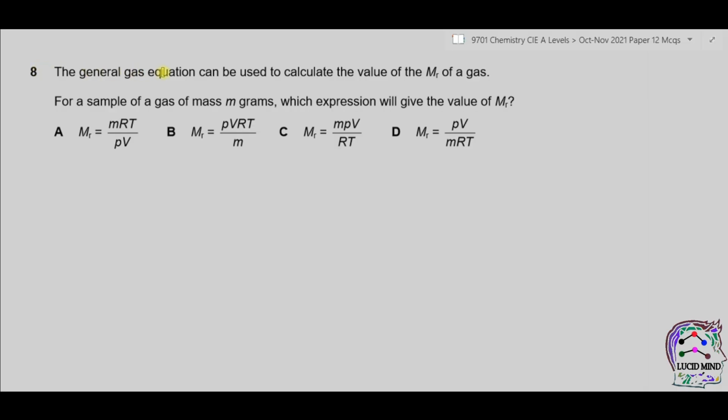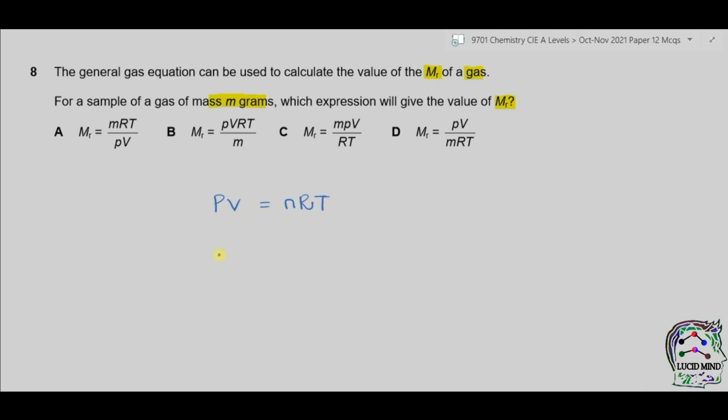Question 8. The general gas equation can be used to calculate the value of molecular mass of a gas for a sample of gas of mass m grams. Which expression will give the value of mR? We know the ideal gas equation. We have pressure times volume, PV, equal to number of moles times ideal gas constant times temperature in Kelvin.